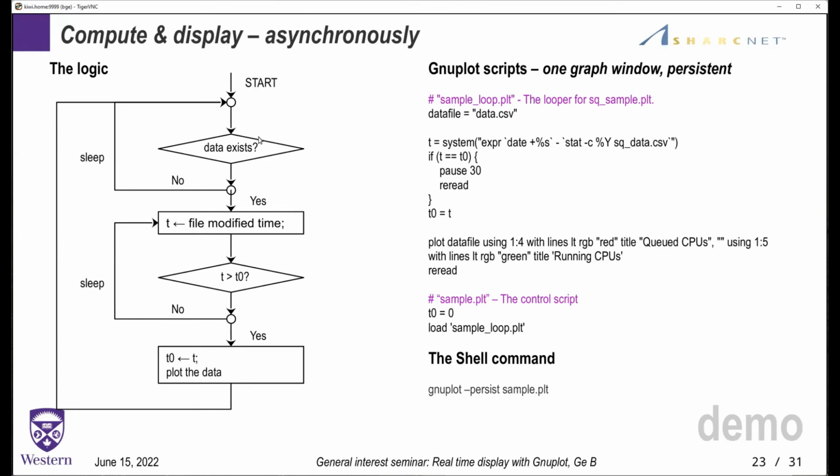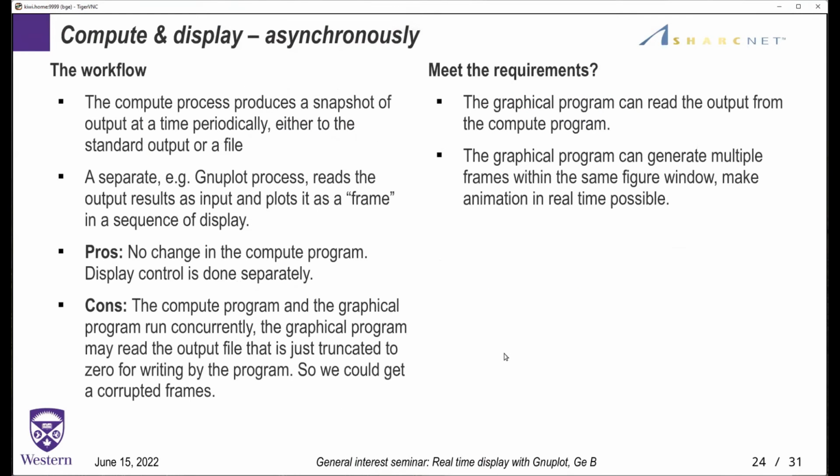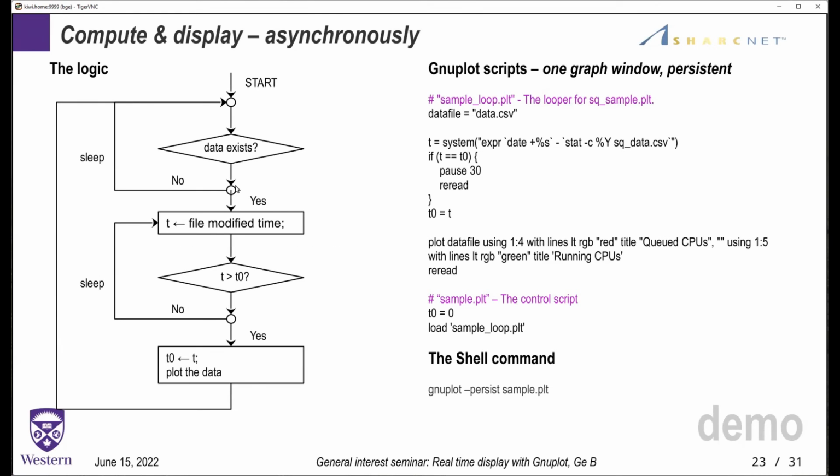Now, this is the logic that we should have. From the start, first, we need to check whether the data exists or not. If not, we go back and put in some sleep. If the data exists, we come to the next stage: we get the timestamp of the file.